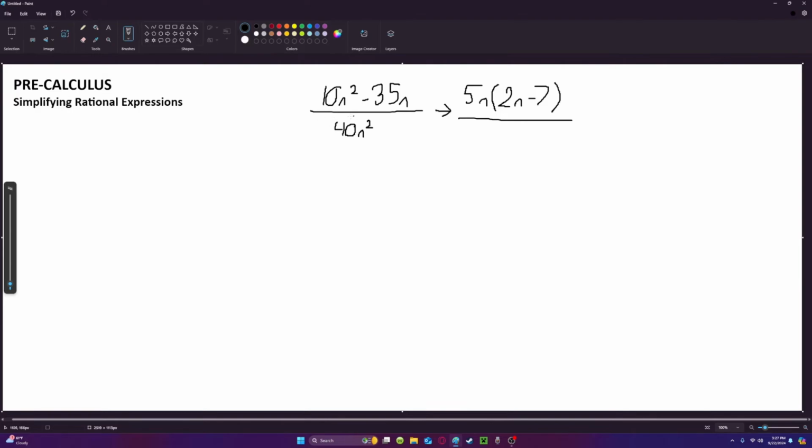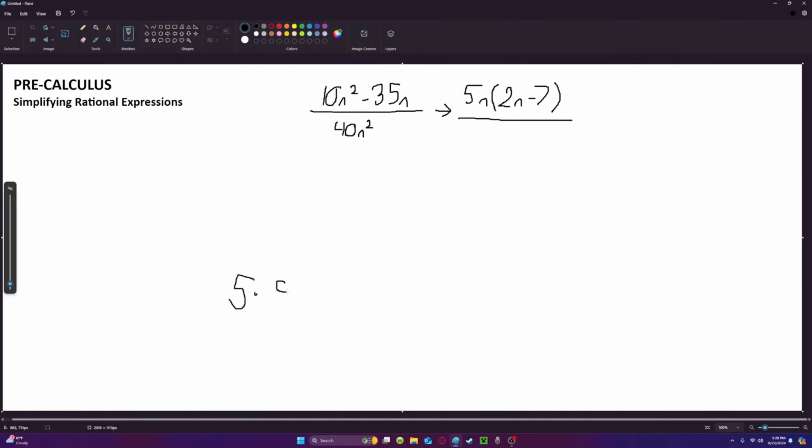Well, basically what you want to do is look for a common factor. I suppose if you really wanted to, you could do 10 times 4, or like 10n times 4n, but I don't know why you would do that. The point is, we're looking for a common factor, right? So we have this 5 right here. Can we use 5 to get to 40?